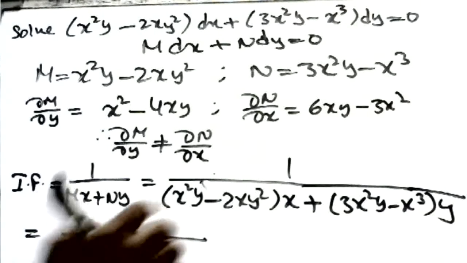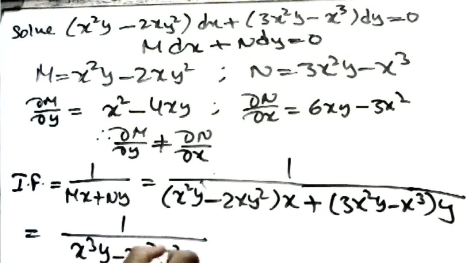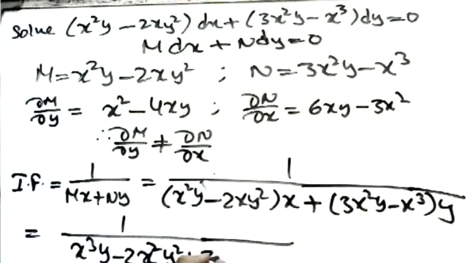So multiply this, it will become 1 divided by x into x square, which is x cube y, minus 2x into x square y square, plus y into y will be y square, 3x square y square minus x cube into y.